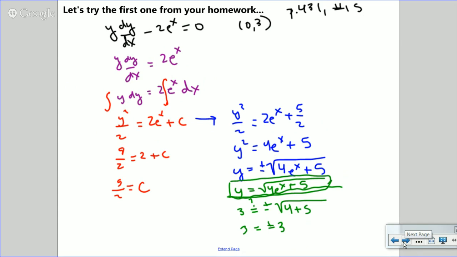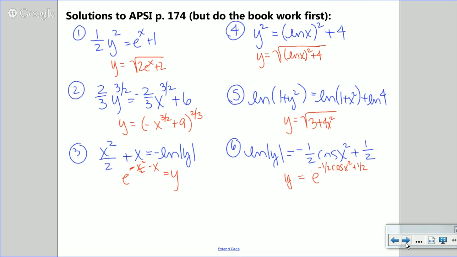And then you also have 6 problems from APSI, okay? So for your 6 problems from APSI, I have solutions here, so you can take a picture, screenshot, or pause the video. I have what you should get before you do the last part of algebra and solve for y.